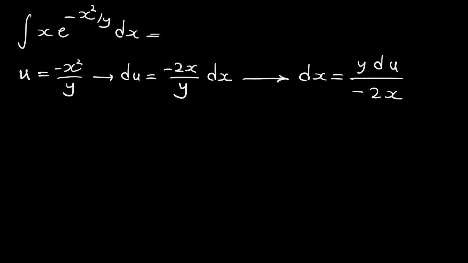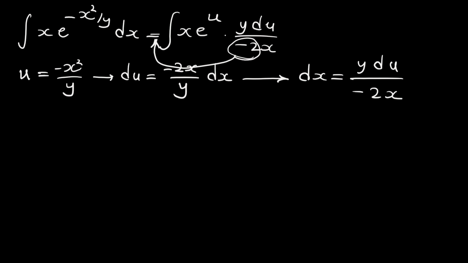Now we can do the substitution. So this integral equals the integral of x e to the power of u, since the exponent is u, and dx is y du over negative 2x. If we cancel x from the numerator with x from the denominator, we have negative 2 in the denominator, which we can move to the outside, and we can write it simply as negative 1/2.